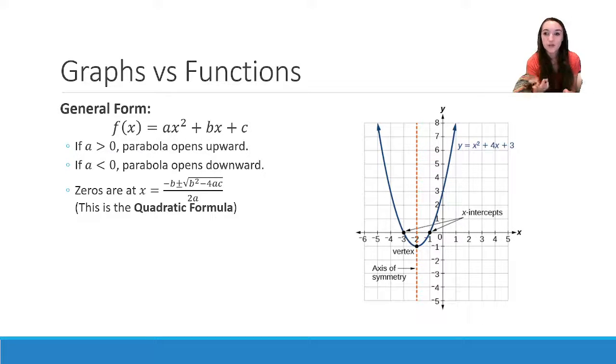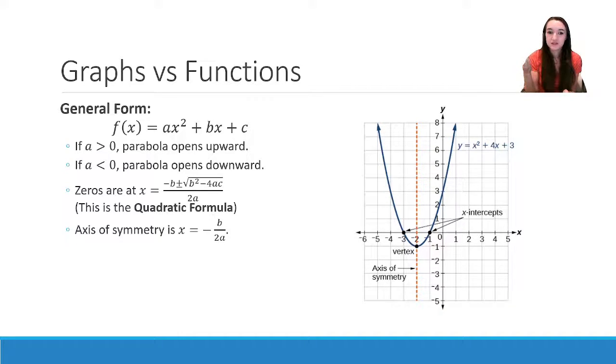Factoring works sometimes, but not always, whereas the quadratic formula will always work, so it's foolproof, which is why it's sometimes considered the better option. So make sure you're aware of the quadratic formula and how to find the zeros given this general form when we don't have it factored.